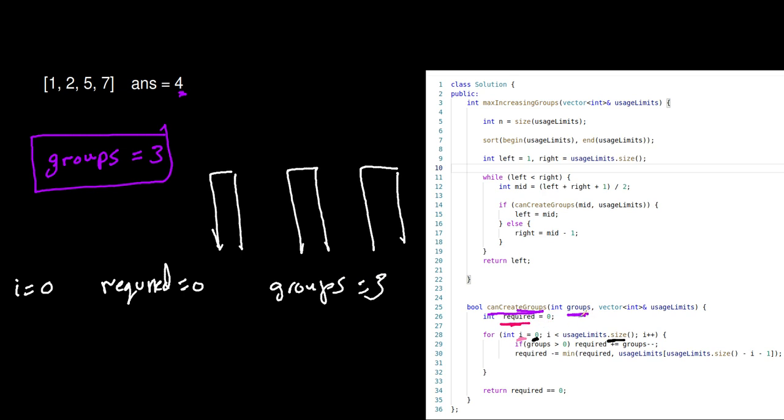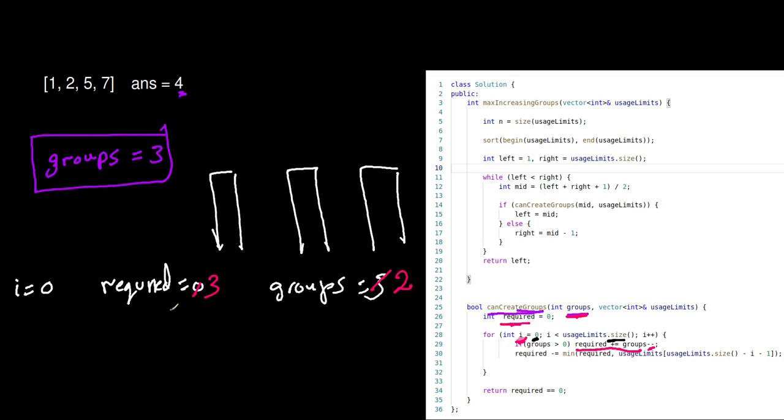So this is required, and this is groups, and this is i. So required plus equal groups, so this is 3, and we subtract 1, so this is 2.